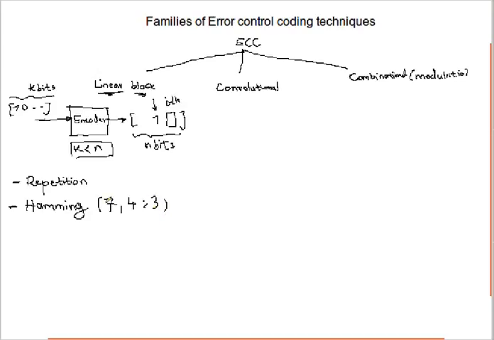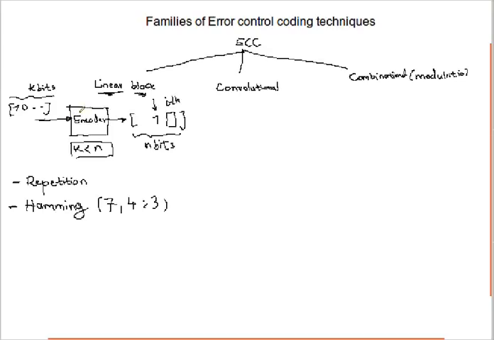It's really simple. When you have an output that is a linear combination of the k bits of your inputs, in general it's just a matrix.